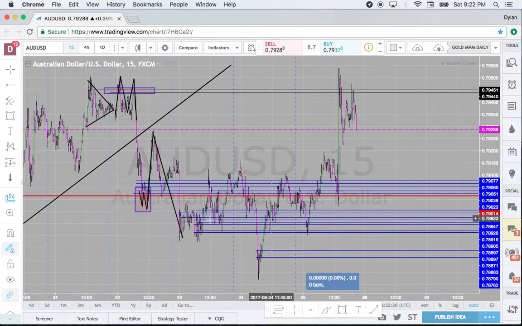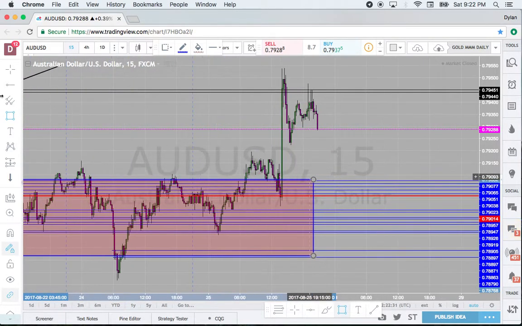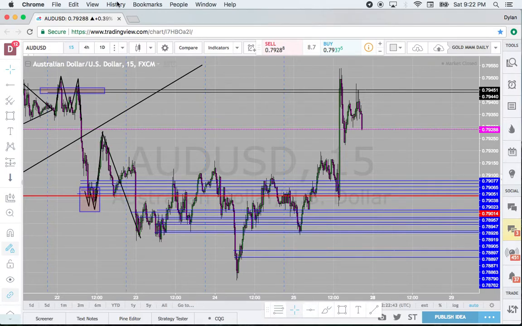And then price reversed, and all these positions in here in one candlestick all went into profit. Okay, I believe this was a news event that caused that. Now that is exactly how this expert advisor is programmed to function.